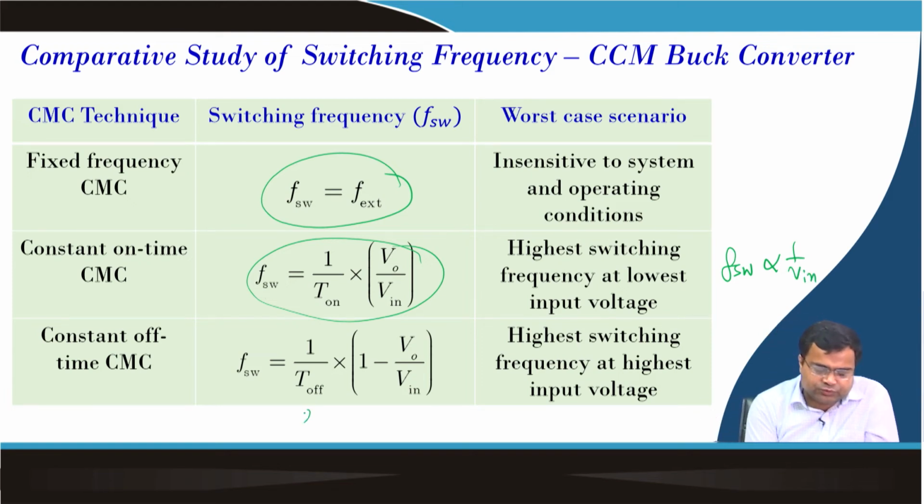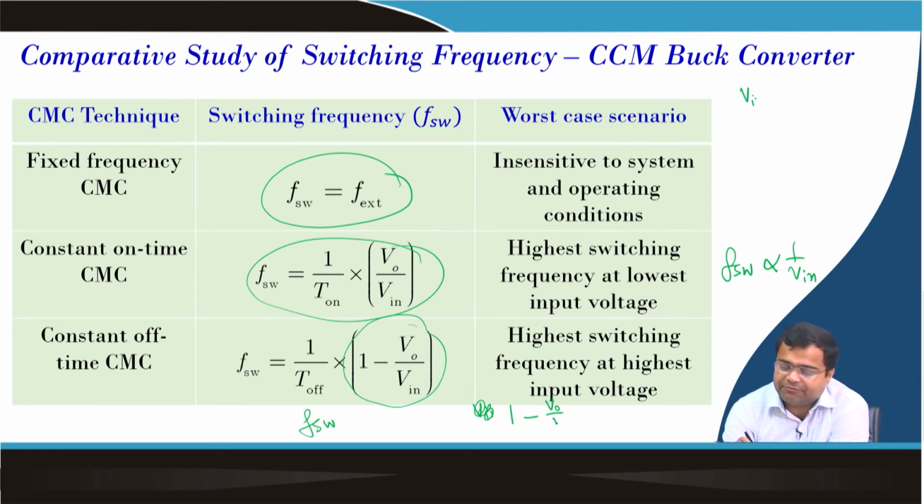Here, if you see the switching frequency, it is not directly proportional, but if you take an incremental factor, that means you have Vin, and you take 1 minus V0 by Vin, that is, Vin minus V0 by Vin. This is the term, and we want to relate how the input voltage is related.